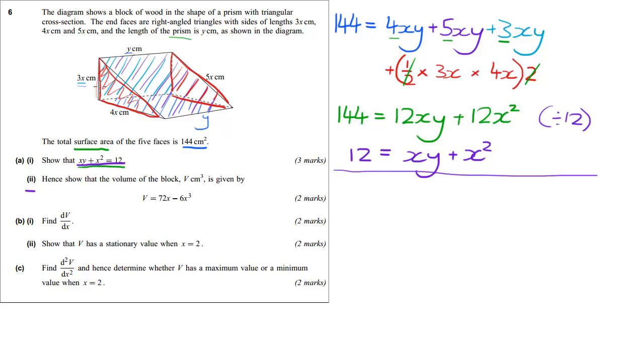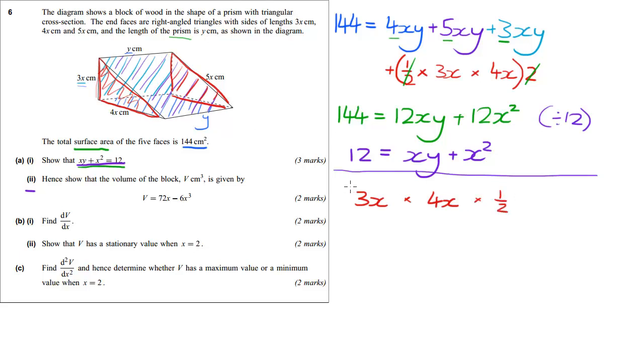So the area of that triangle piece is going to be 3x times by 4x times by a half.